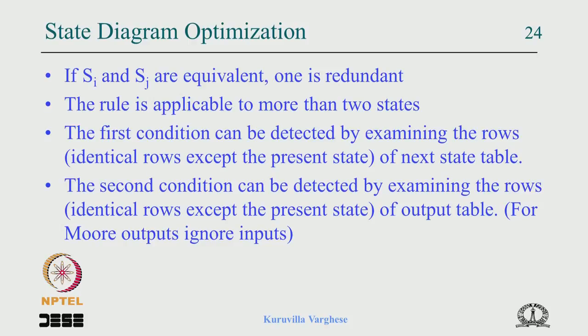All the number of transitions and number of next states should match, then they are identical. We have discussed how to identify this from the next state table and output table, and somewhat formal steps we have stated, but it can be converted into an algorithm suitable for software implementation. Some tools implement that, you can check whether your tool implements it.